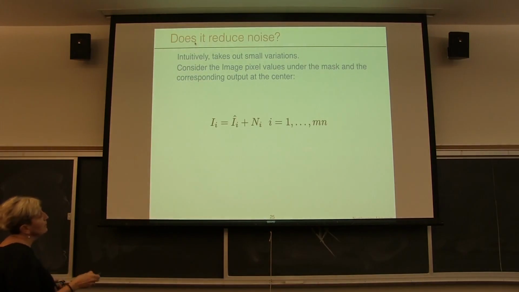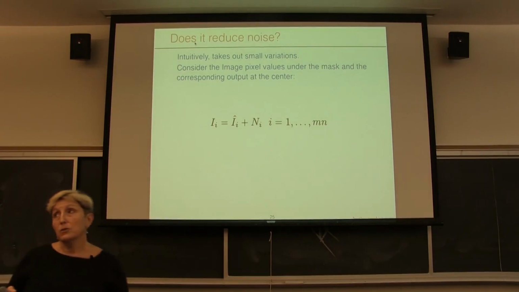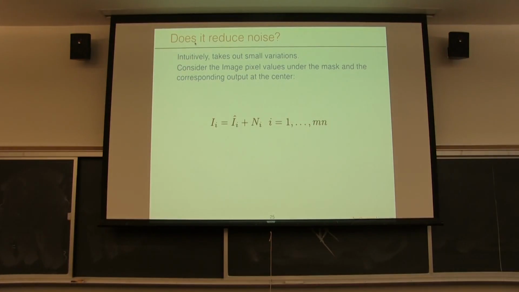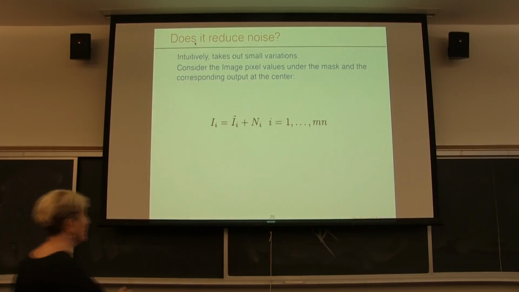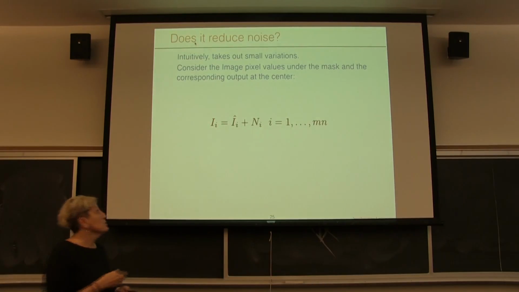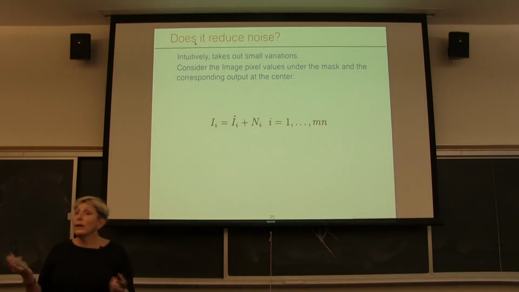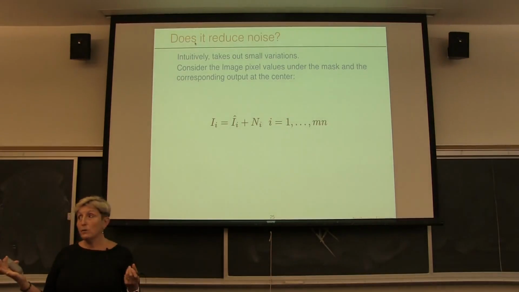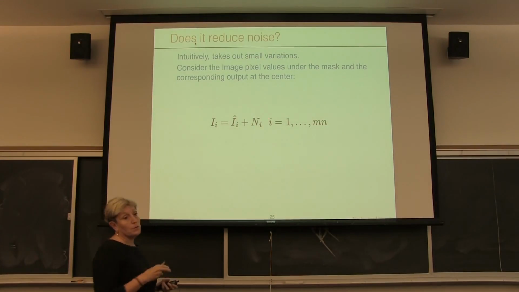Let's start with my model. I'm going to assume that my noise model is what we call an additive noise model. What does that mean? It means that the pixel that I observe is equal to some ideal value that I would like to recover, the noiseless value, plus some noise.